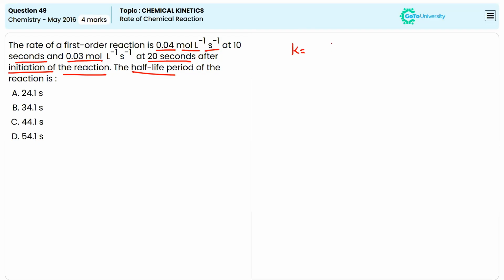K is equal to 2.303 divided by t2 minus t1 logarithm of a minus x1 divided by a minus x2. We are going to use this equation.